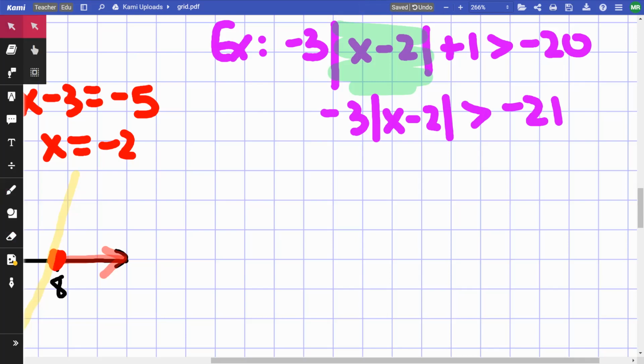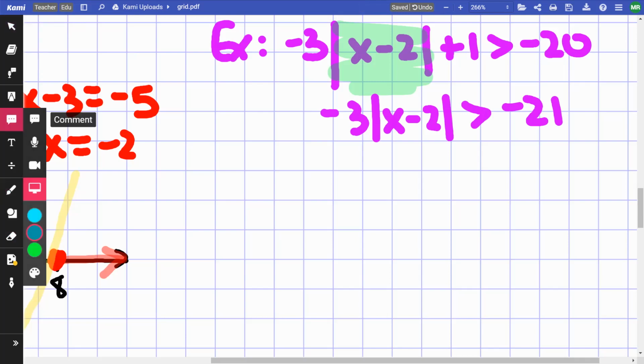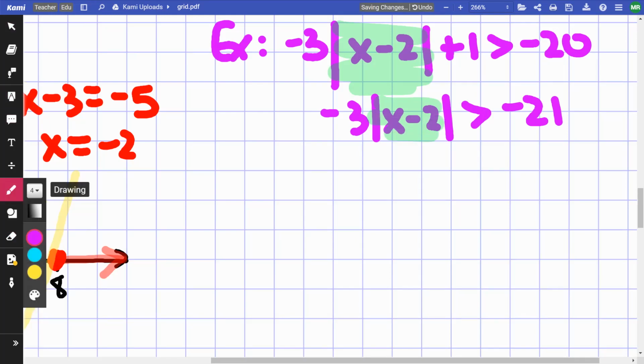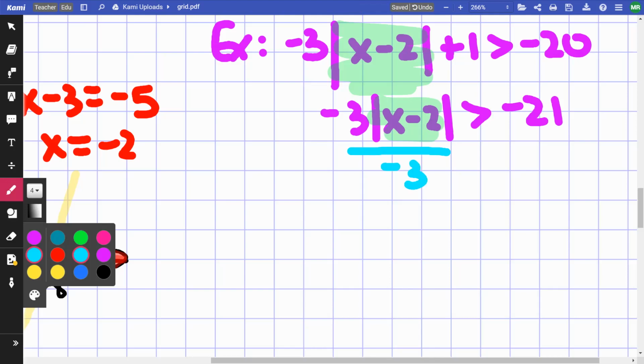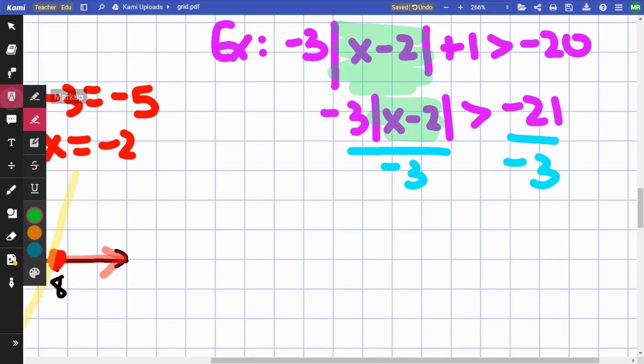Now, again, I want my absolute value by itself. So what am I going to do? I'm now going to divide by a -3. But when I divide by a -3, I have to be careful. I'm going to need to switch the direction of my inequality. Why? Because I'm dividing by negatives.